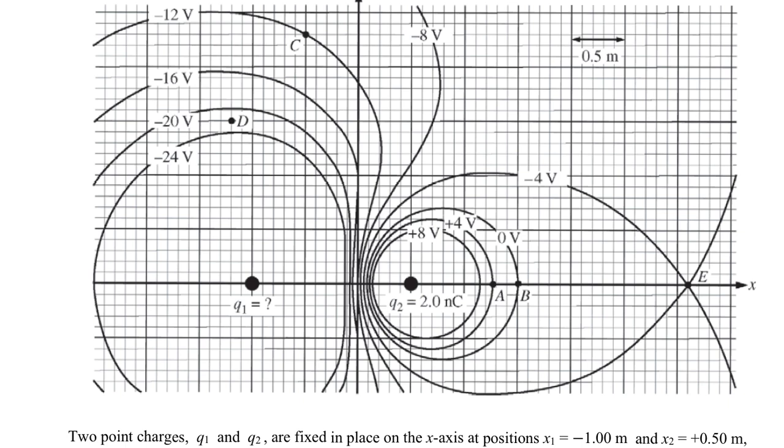Q2 is stated as being positive, but we could get that from the equipotentials, being that they're getting more and more positive as we get closer to Q2. So those two things are kind of known just from looking at the map. I also get from looking at the map that Q1 must be probably more negative than Q2 is positive, right?